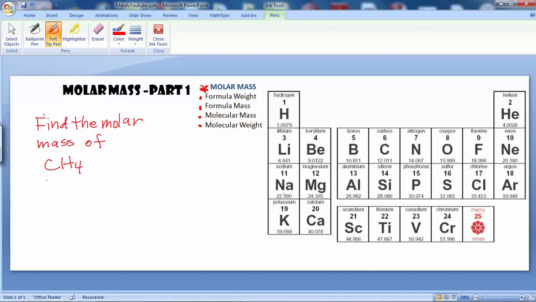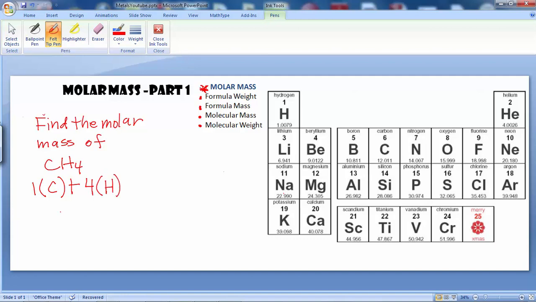How do we find the molar mass of CH4? Well, the first thing we need to do is count up each atom in the compound and figure out how it contributes to the molar mass. So in this instance, we have 1 carbon, and we have 4 hydrogen.